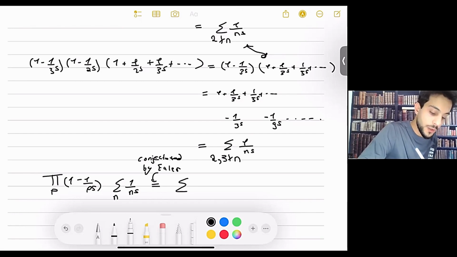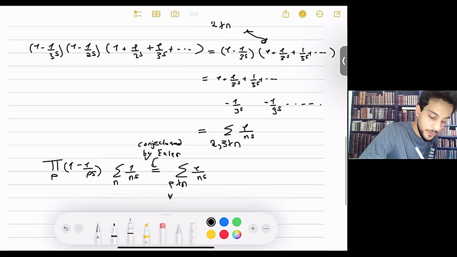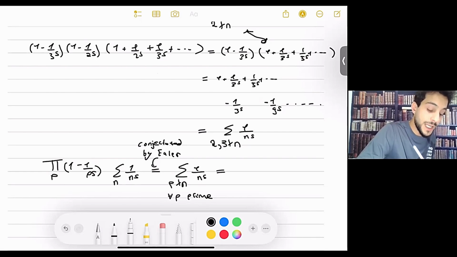We're going to be left with the sum of 1 over n to the s after removing all multiples of p for every prime p. But the only number that is not divisible by any prime is 1, and thus this sum must be just 1.